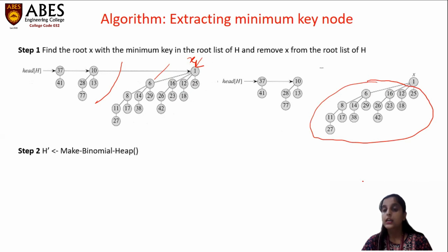So it is saying that reverse the list. What is this reverse the list? As you can see, the degree of 25 is 0, the degree of 12 is 1, the degree of 16 is 2, and the degree of 6 is 3. So it is saying that you have to reverse it, so that degree 0 will come at the first position, after that degree 1, after that degree 2, and so on.